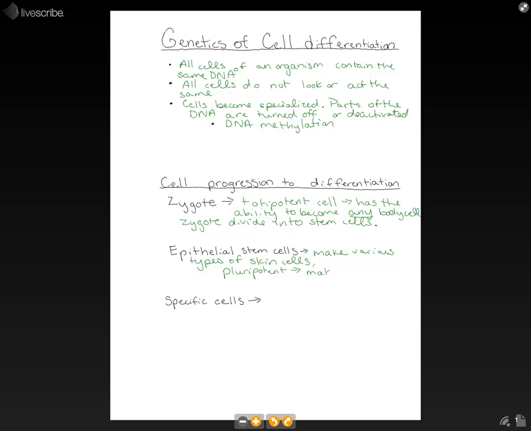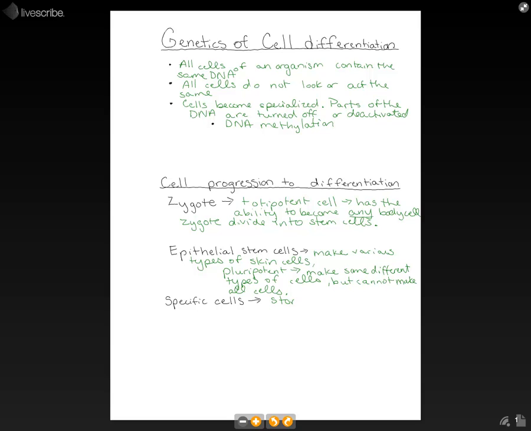And they're going to make some different types, but they cannot make all types. And once the stem cell divides and creates all these different types of cells, we call those specialized cells.